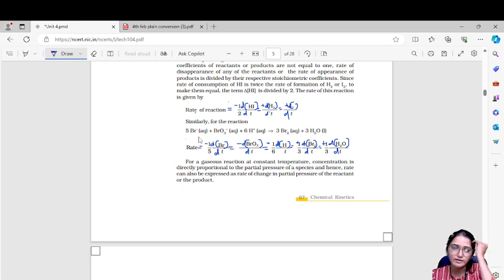That means d by dt is basically the change that takes place. So this is the way to write the rate of the reaction whenever concentrations are given.